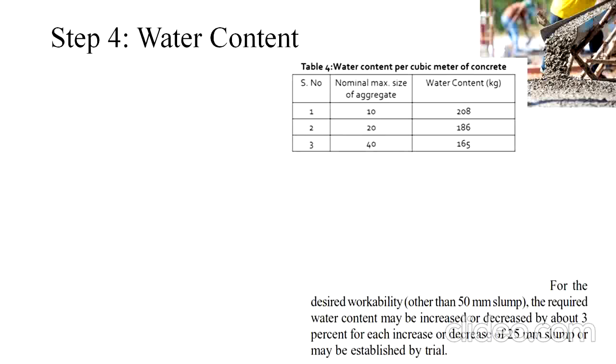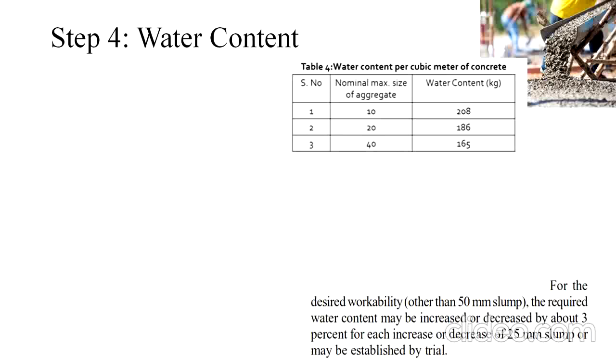Here also, we have a small correction required by the codal provisions. For 10 mm size, 20 mm size and 40 mm size, these values are determined only for a slump of 50 mm. According to that, we get the water content as 208, 186 and 165.